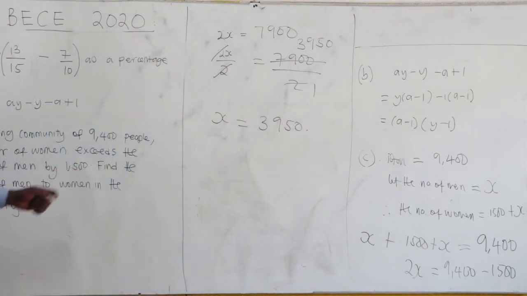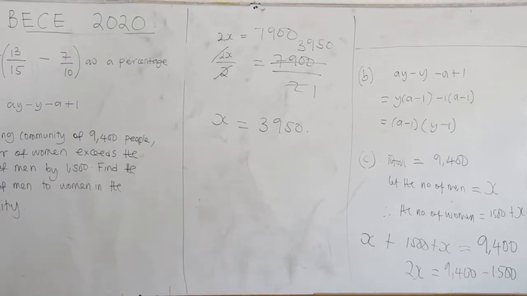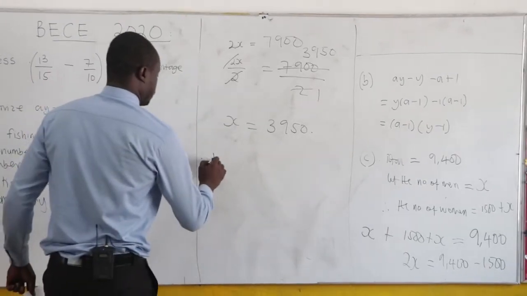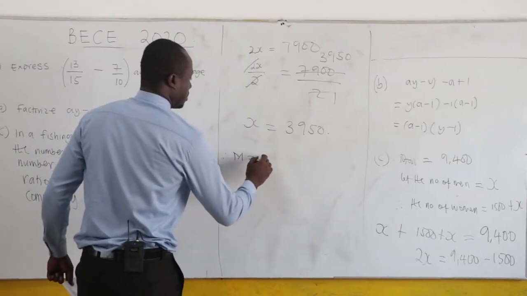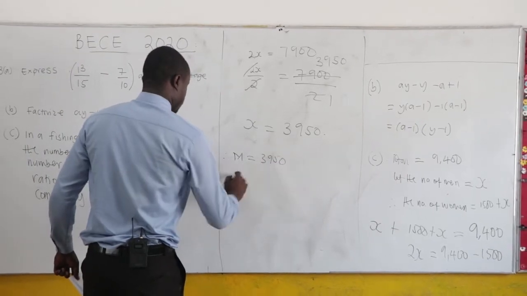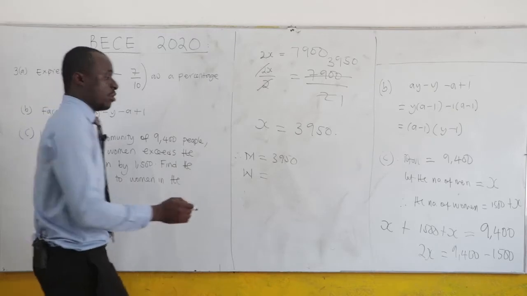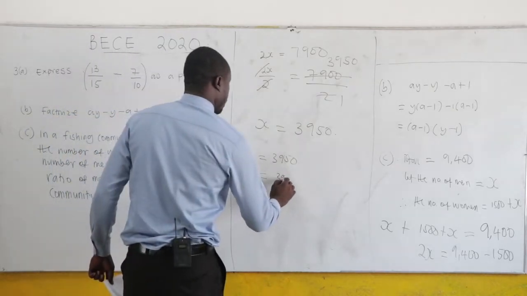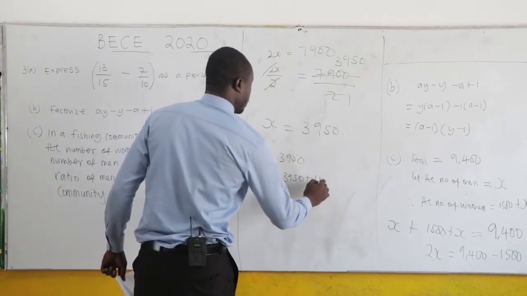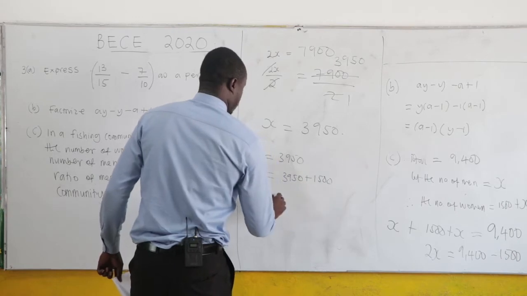Now the question is we should find the ratio of men to women. Hence, we know our men is 3,950. Now the women, we are being told that it is 1,500 more. So you have 3,950 plus 1,500.